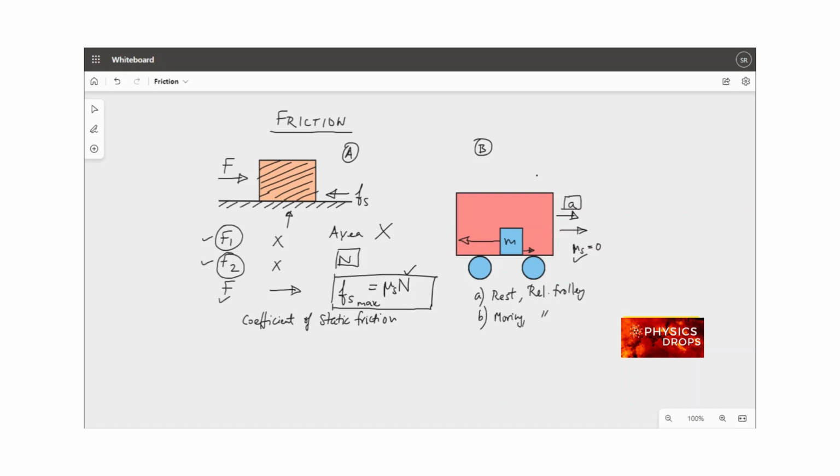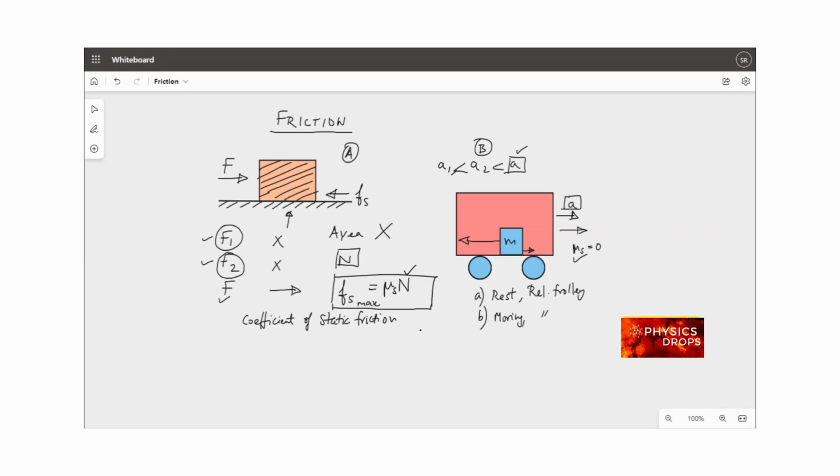Let's say the acceleration is a1 and there is friction between the block and the surface of the trolley, then the block doesn't move backward. Then it increases to a2, still the block doesn't move backward. But at some acceleration a, the block will start sliding backward. What is this maximum acceleration possible? Is it possible to figure that out?